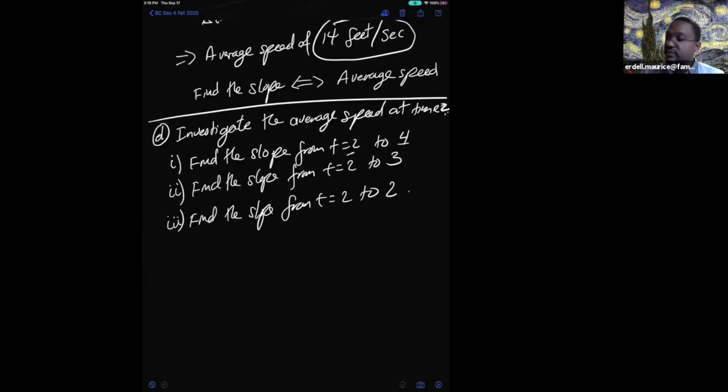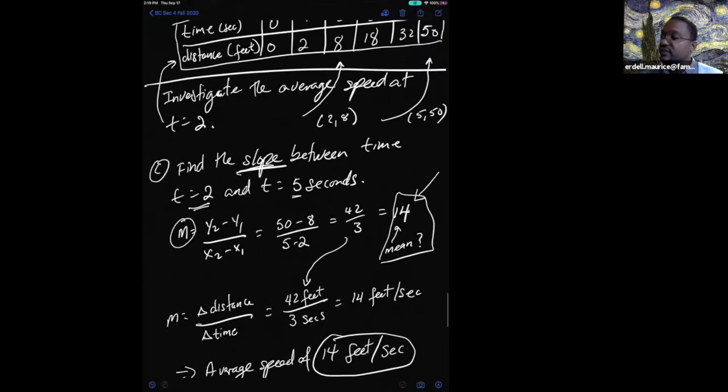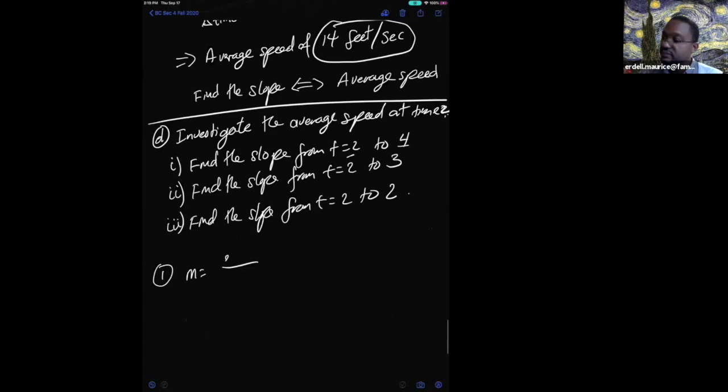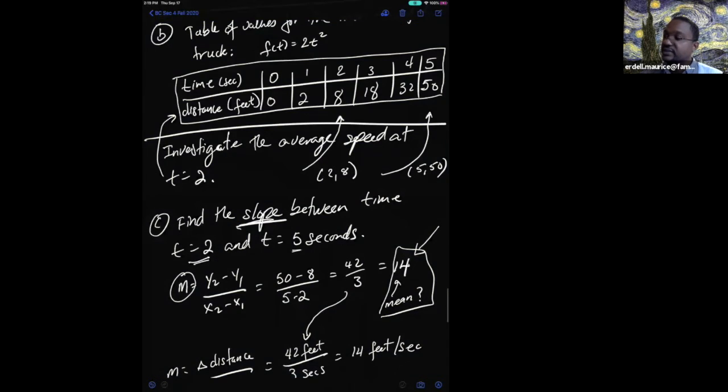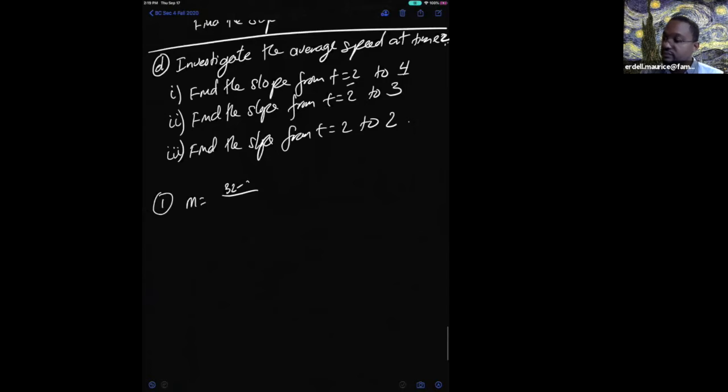All right, so the first one right here, find the slope. That is going to be m equals 32 minus 8 over 4 minus 2. That is 24 over 2. That's 12.